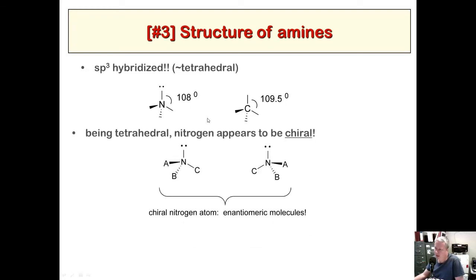And being semi-tetrahedral, nitrogen could be considered chiral, and if A, B, and C were different things, you would think that nitrogen would be a chiral center, right? You would kind of think that, right? Well, it's kind of true. There's some cases where nitrogen is actually chiral, and nitrogen can be a chiral center. In most cases, these things can interconvert, and they don't really preserve chirality, but we'll see a couple exceptions to that in a second.